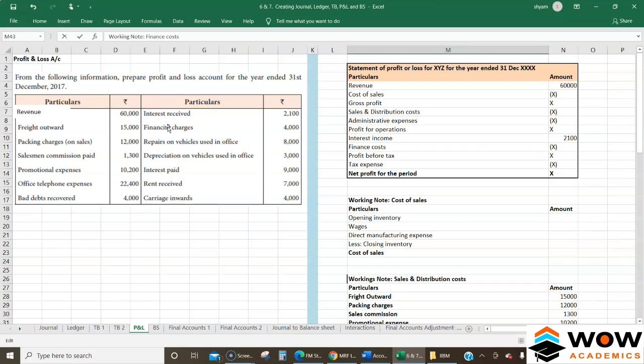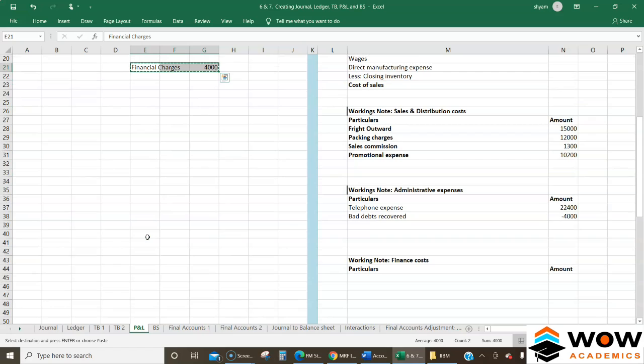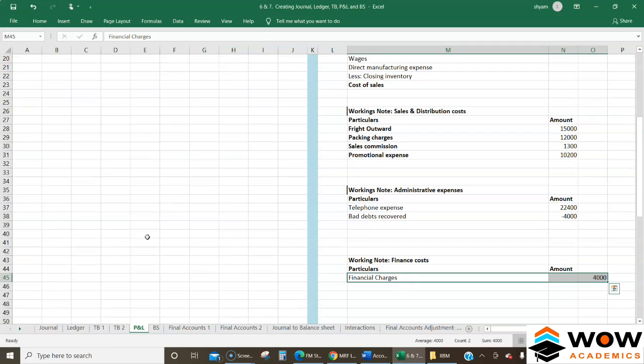So we have financial charges, which is 4,000. We'll just type it here, which is 4,000. And then, okay, first I think we'll post this and then we'll come. So we'll post this financial charge under finance cost.